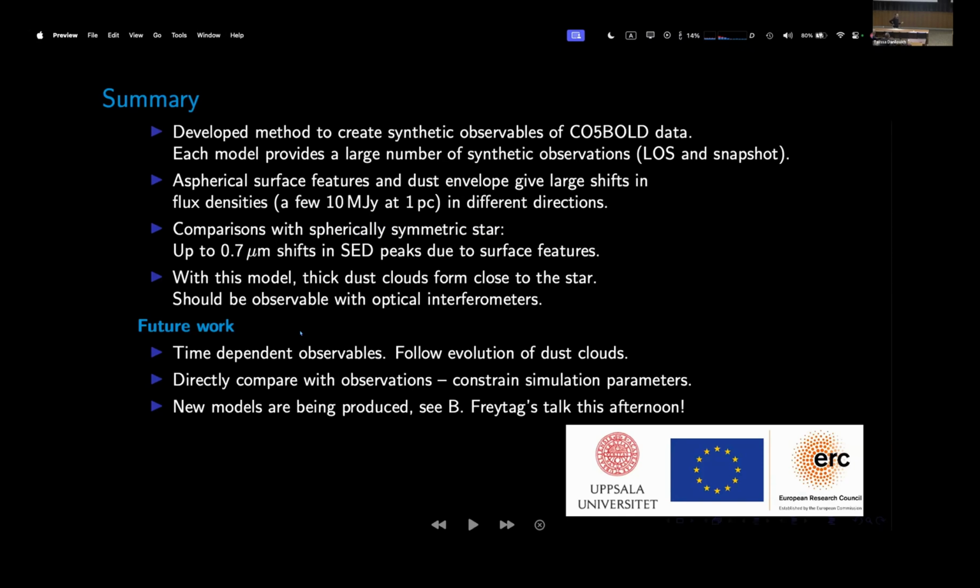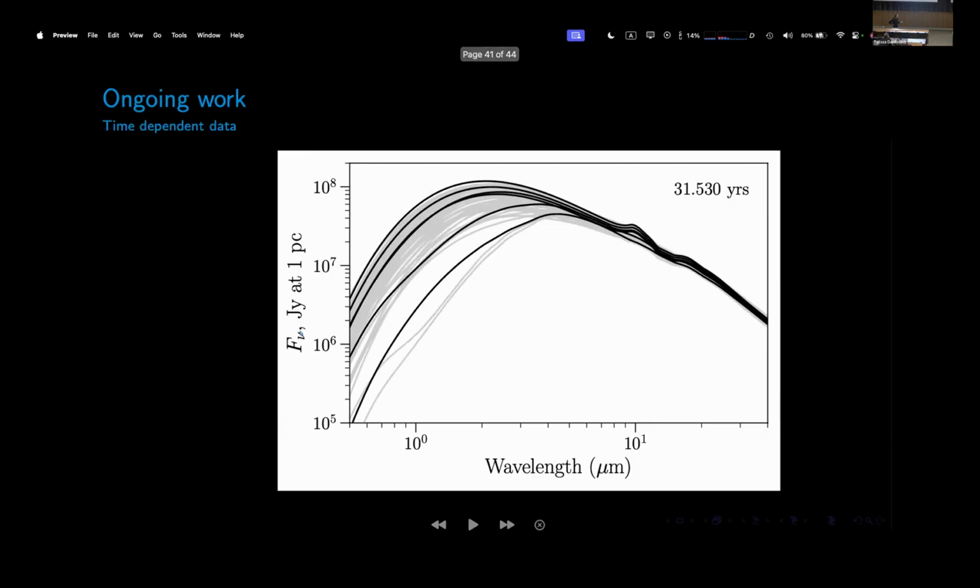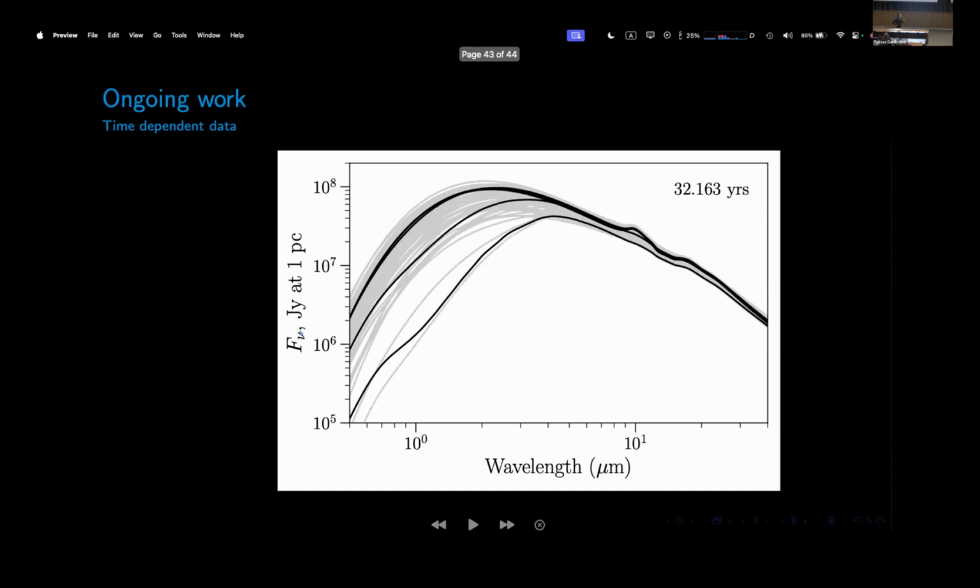The problem with Radiation 3D is that I can only heat the dust with a spherically symmetric source. So that's why I have to include the star in a different way, and then I can't heat the dust, and then I have to use the temperature I have available for the model. So the dust is a bit too hot in these images I showed you, but not in these ones. Here I've already reduced the temperature with that power law.